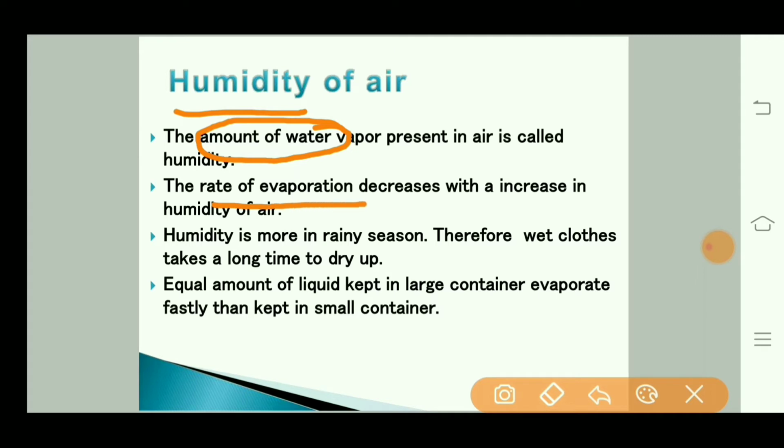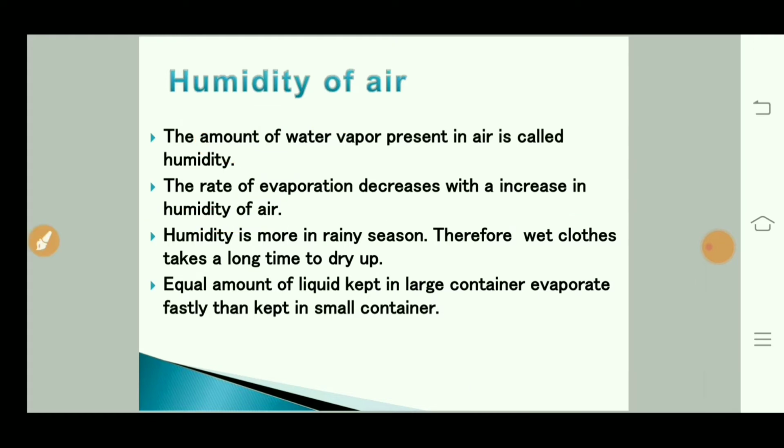The rate of evaporation decreases with increase in humidity in air. That's why you have seen in the rainy season, wet clothes take a long time to dry because humidity in air is high during the rainy season. So we conclude when humidity is high, rate of evaporation will be low.